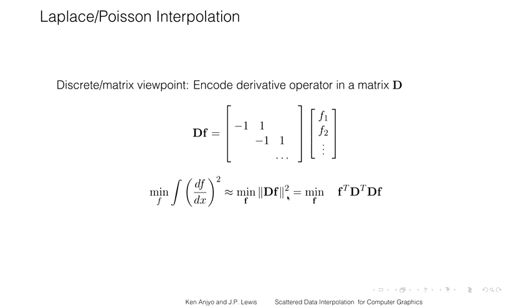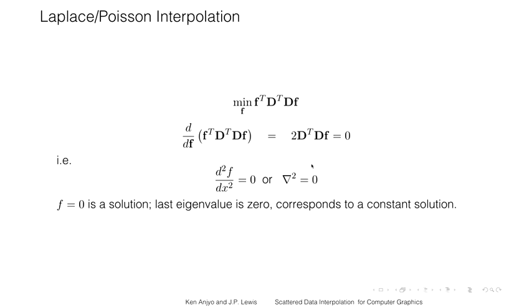This D times F matrix vector multiplication squared is the analog of this, and so we can minimize that with respect to our function f and expand out the square, and it's this. So it's F transpose D transpose DF. So we're going to minimize that with respect to f.